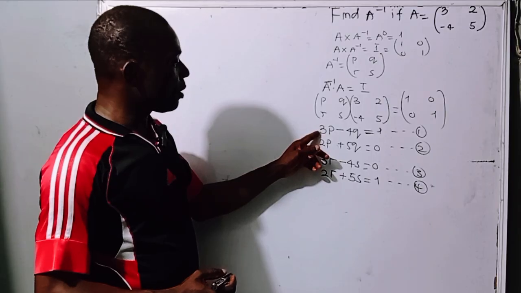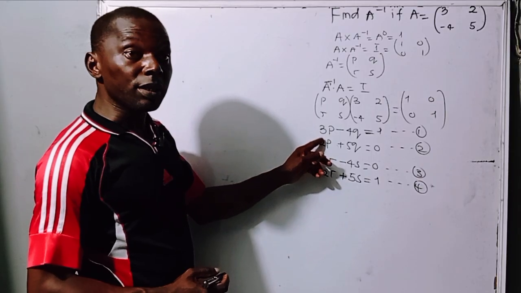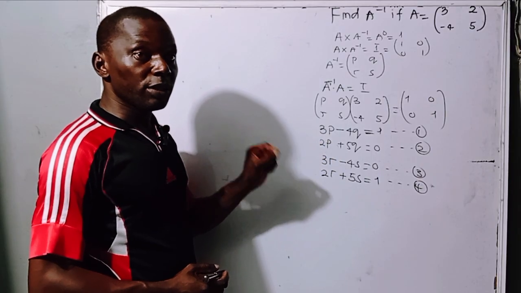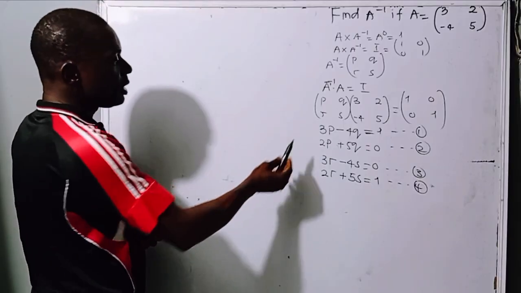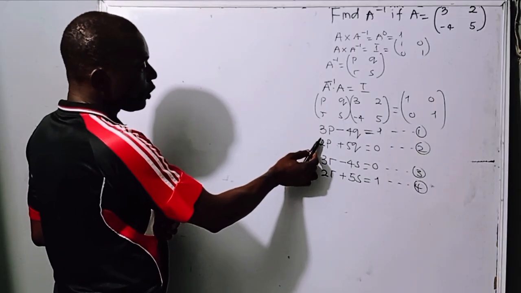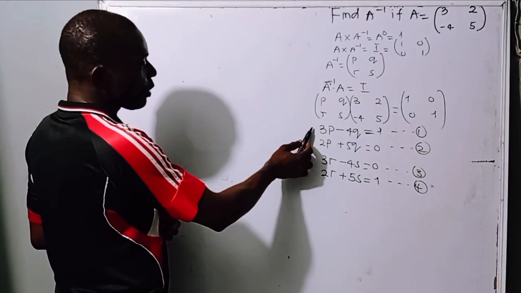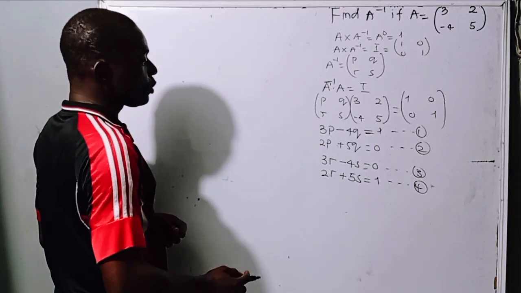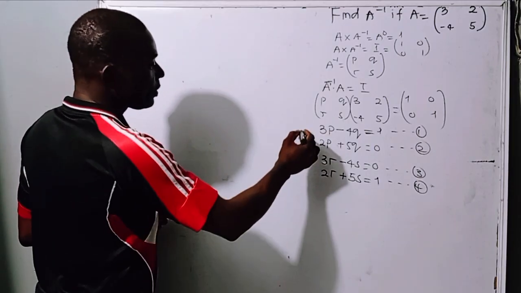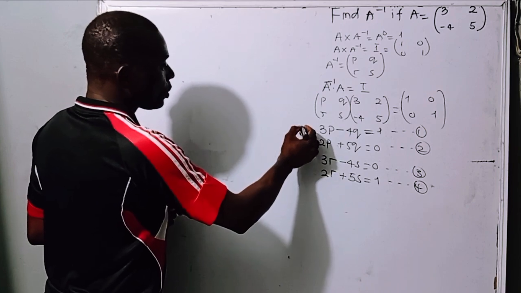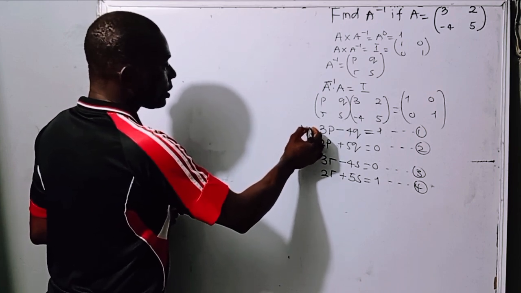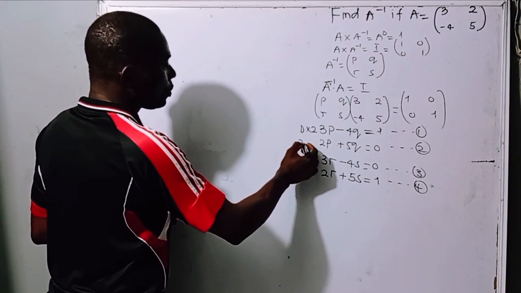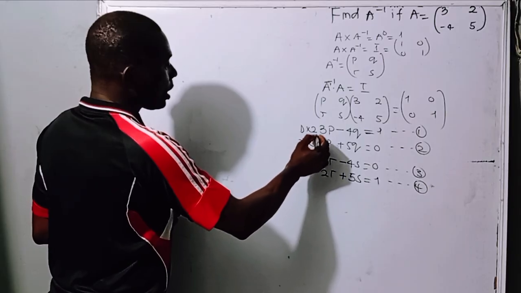Resolving this means let's first of all eliminate P. Let's use the elimination method to do this. If we are eliminating P here, it means that we take the coefficient of P in equation 2 to multiply equation 1, and the coefficient of P in equation 1 to multiply equation 2. So we are saying equation 1 times 2 and equation 2 times 3.